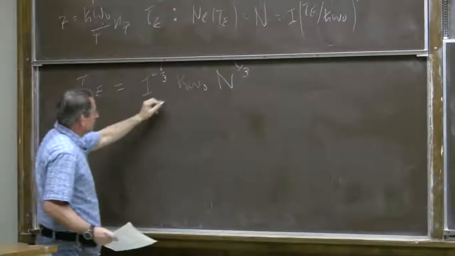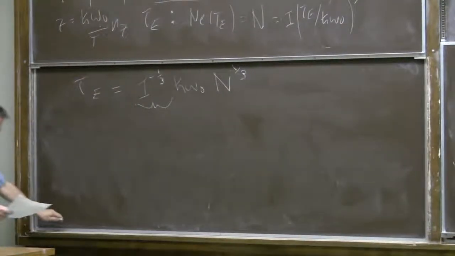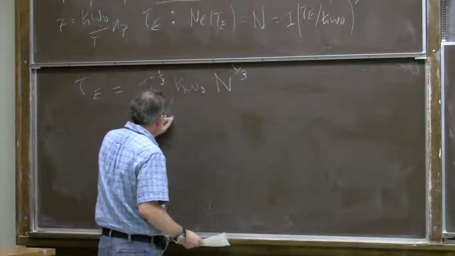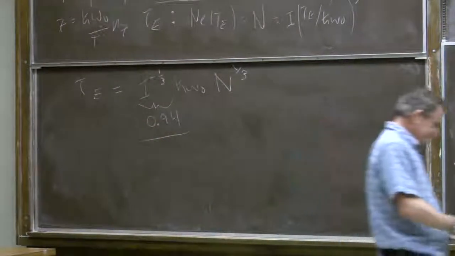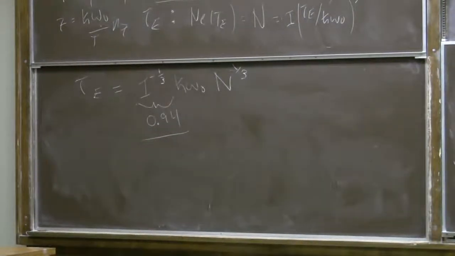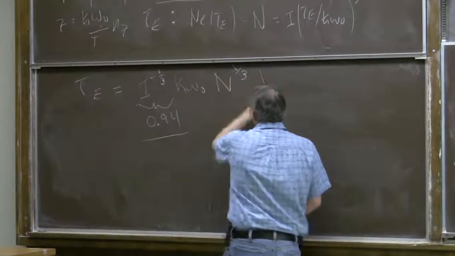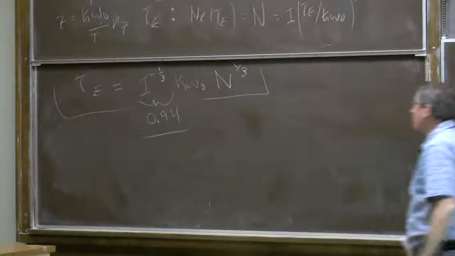And this number, evaluating the integral numerically, is 0.94. So that, for the case of a harmonic well, tells us the Einstein temperature.